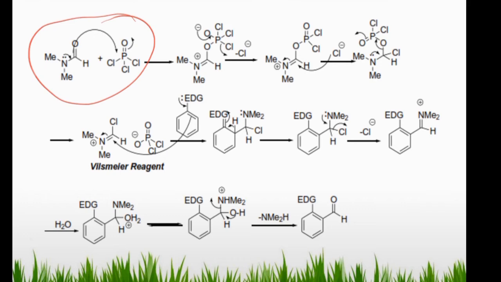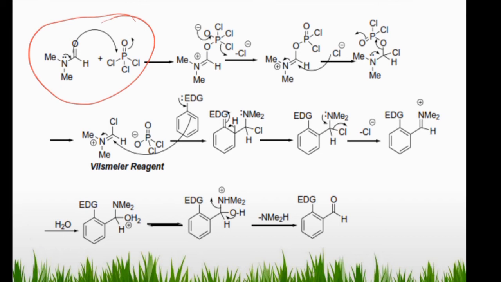Whereas here the workup procedure is very easy. It could be done with aqueous Na2CO3 that hydrolyzes the iminium salt and removes any acid formed. And you can use a litmus paper and see that the reaction mixture is neutral, and the product gets precipitated.